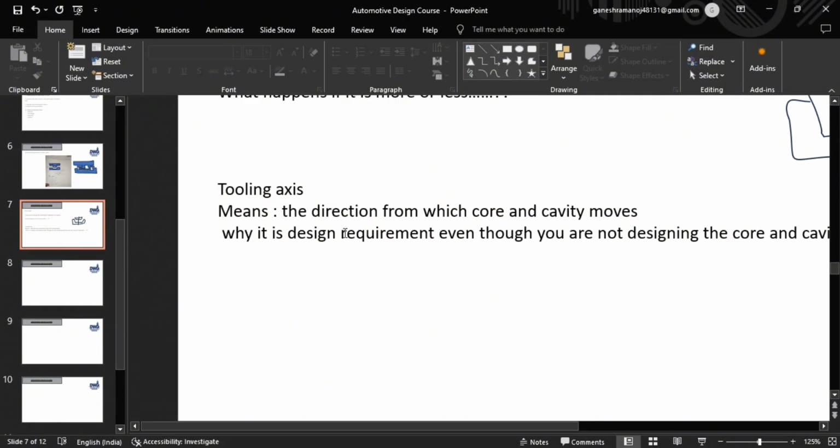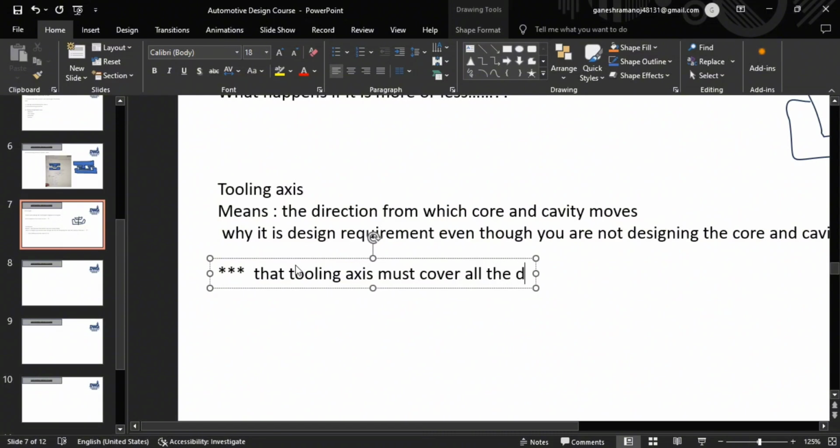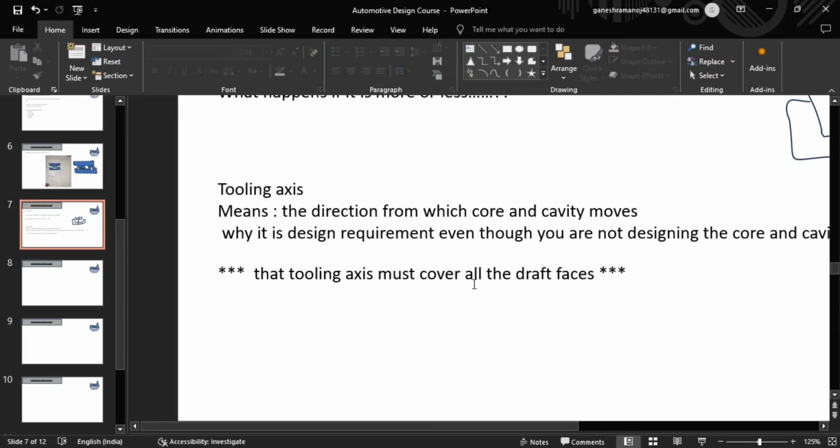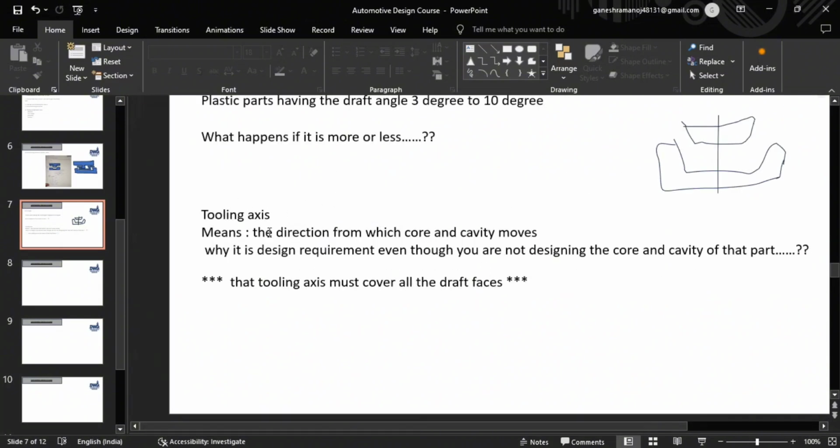The golden rule you should keep in mind is that the tooling axis must cover all the draft faces. Keep this in mind before making the tooling axis, because there is no direct feature in any software to make a tooling axis.